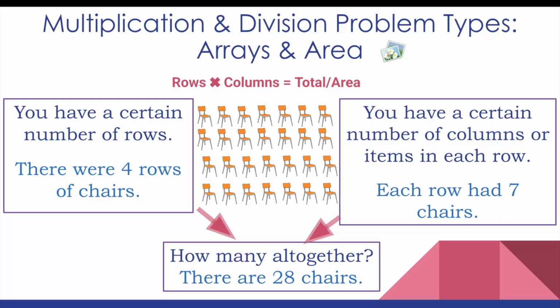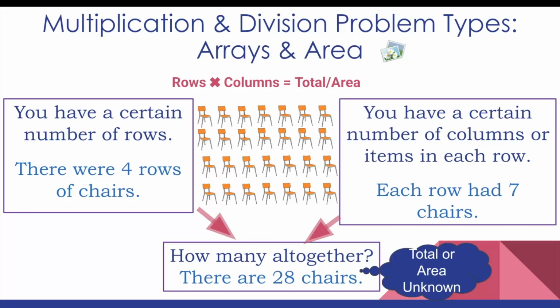For area, there is length, width, and area. The example here is there were 4 rows of chairs. Each row had 7 chairs. There were 28 chairs. As with the addition and subtraction problem type, any part can be unknown.